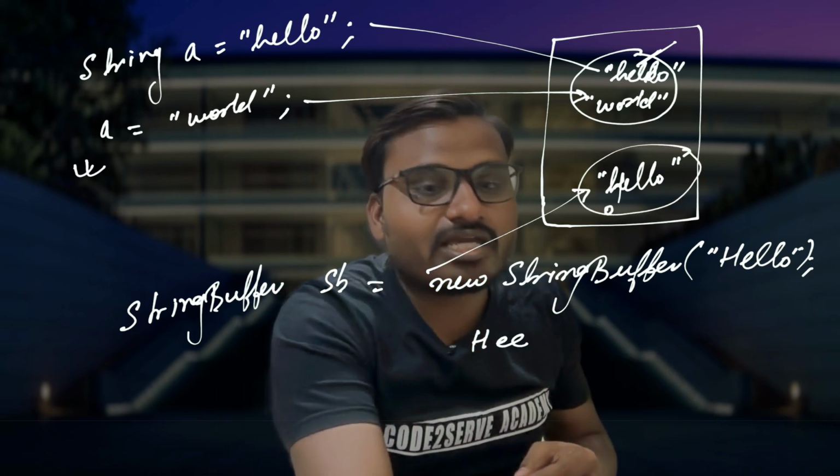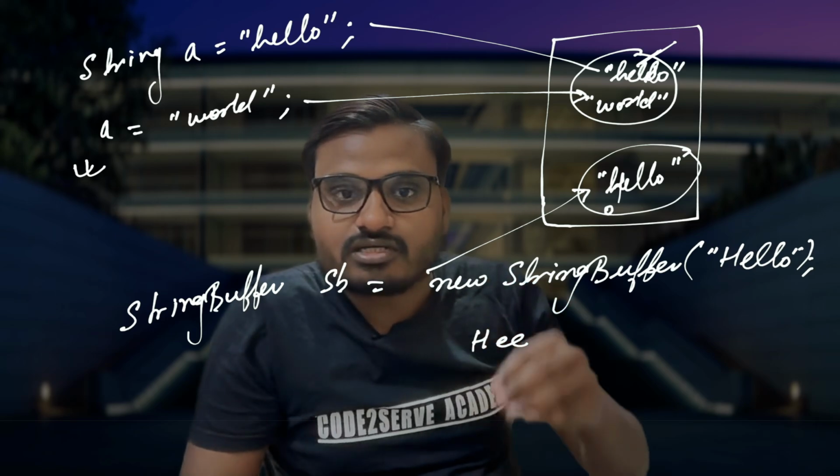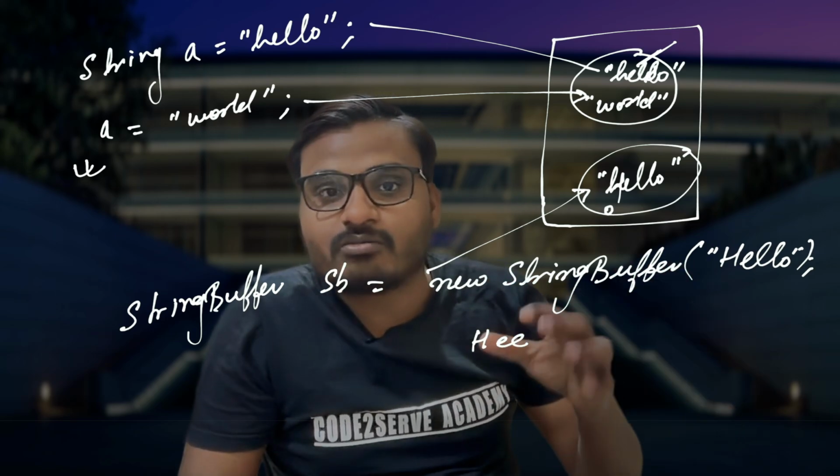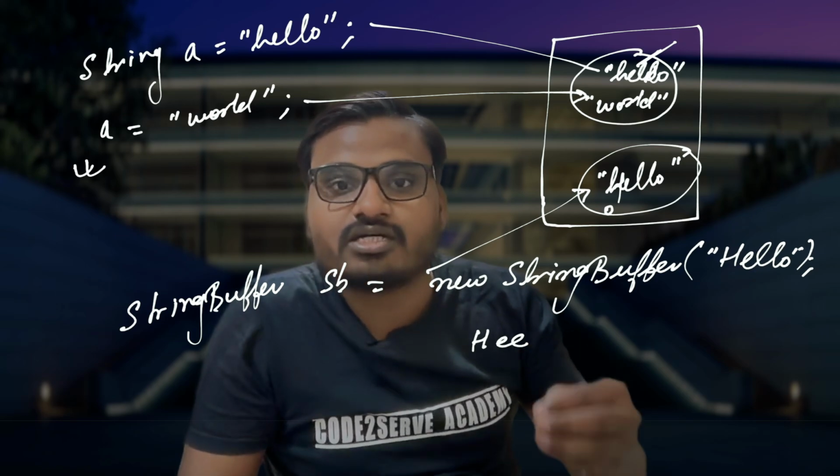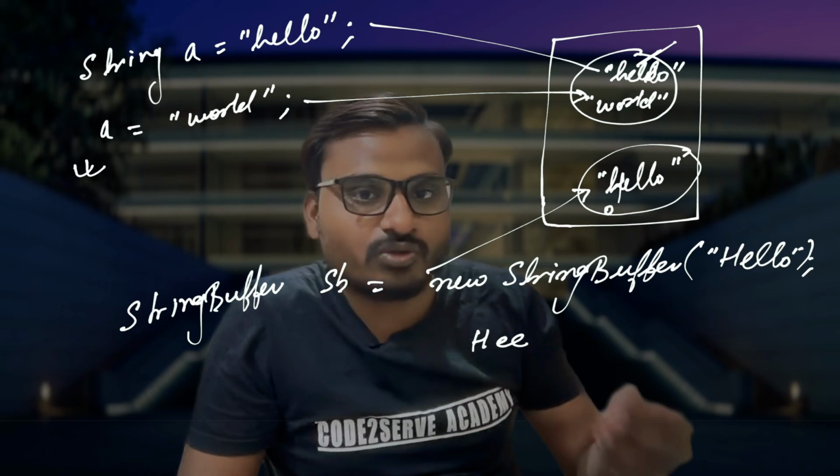We are able to change the state of that object in the same memory location. That is why we call it mutable.